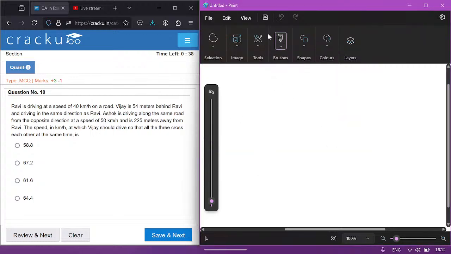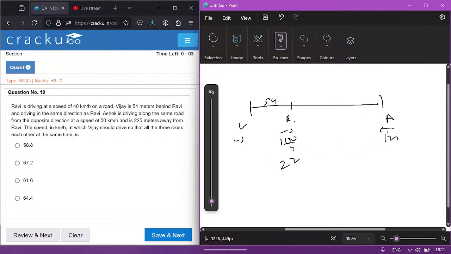I can solve this here. 54 meters. So if this is V, this is 54, this is R. So the total speed is 225 by 9, this is 100 by 9 and this is 125.